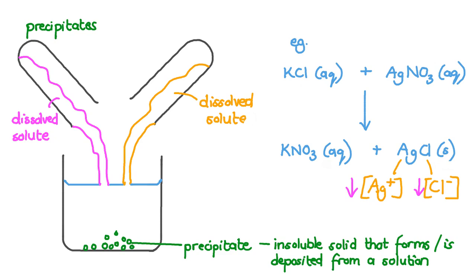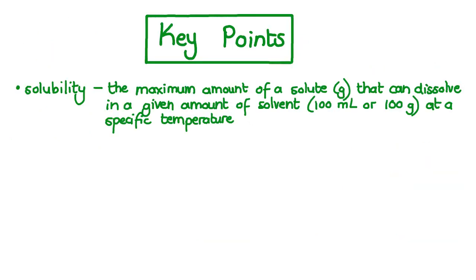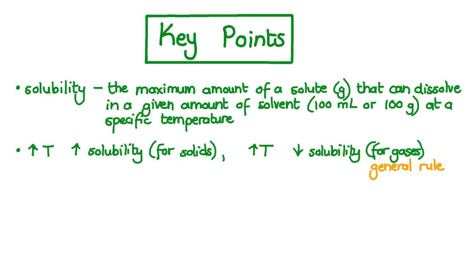Let's summarize everything that we have learnt. We learnt that solubility is the maximum amount of a solute in grams that can dissolve in a given amount of solvent, usually 100 milliliters or 100 grams, at a specific temperature. We learnt that increasing the temperature increases the solubility of a solid solute, and that increasing the temperature decreases the solubility of a gas.